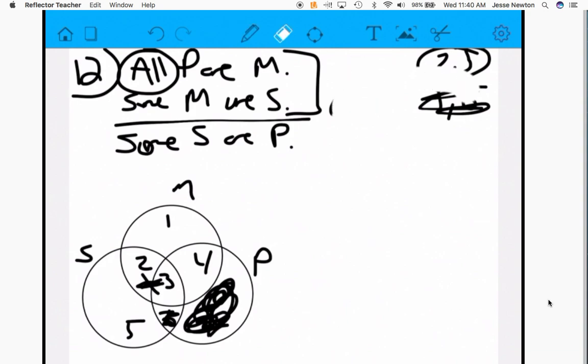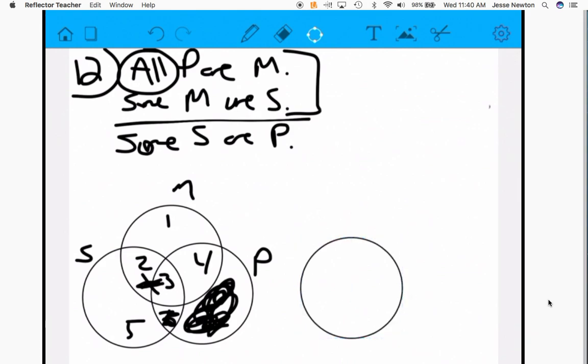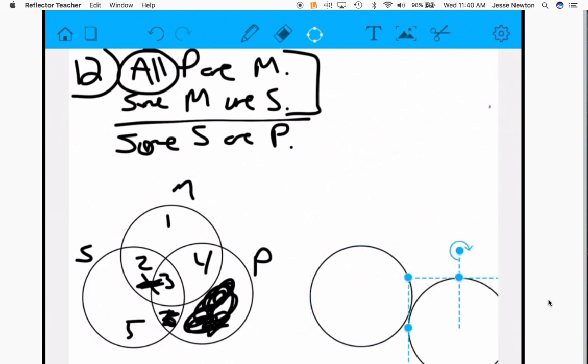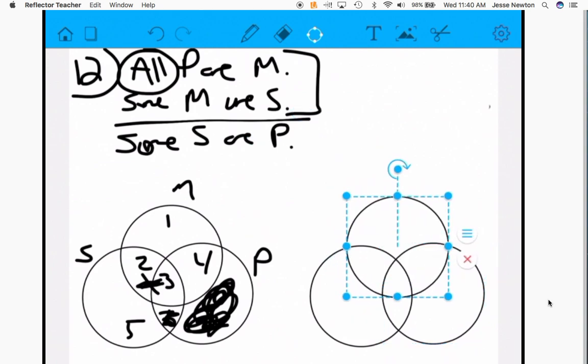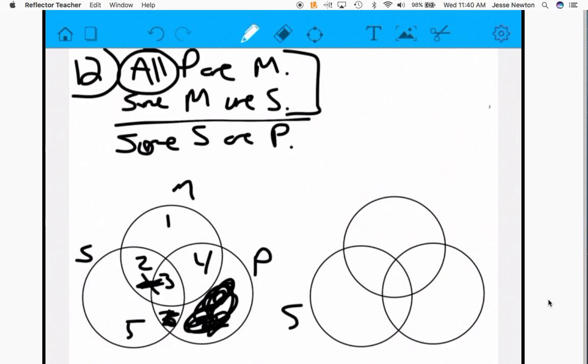We're going to diagram the conclusion, and we have to come up with a separate diagram for it. Okay, so we're going to do a separate diagram for the conclusion.